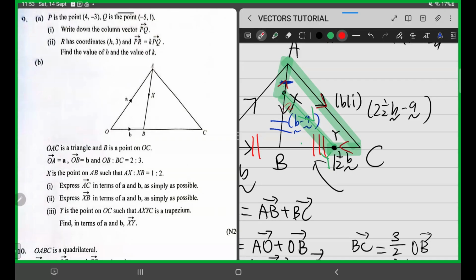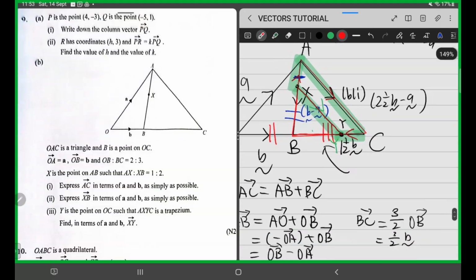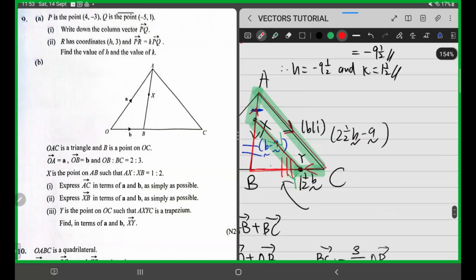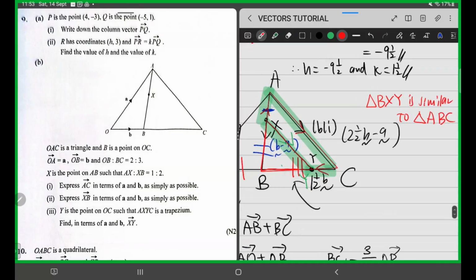There's a much easier way to do this. If you realize, this is a triangle over here, and at the same time, this is a triangle over here. So triangle BXY is similar to triangle ABC, right? BXY is just a small part of ABC.